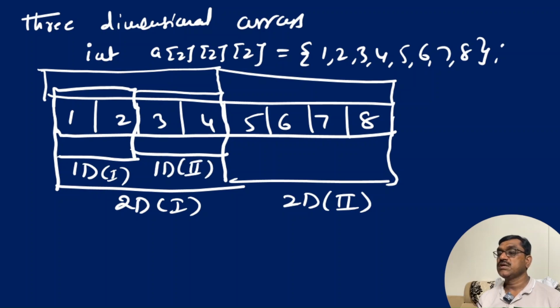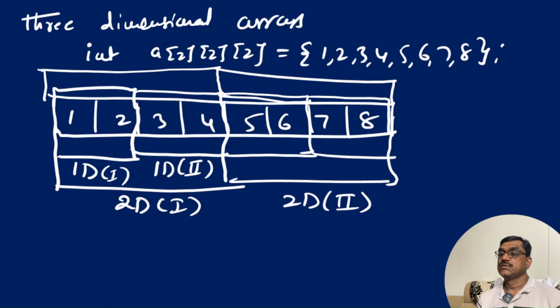Here also in the second two-dimensional array, again I am dividing into two halves, right? Now this is the first one-dimensional array and this is the second one-dimensional array.